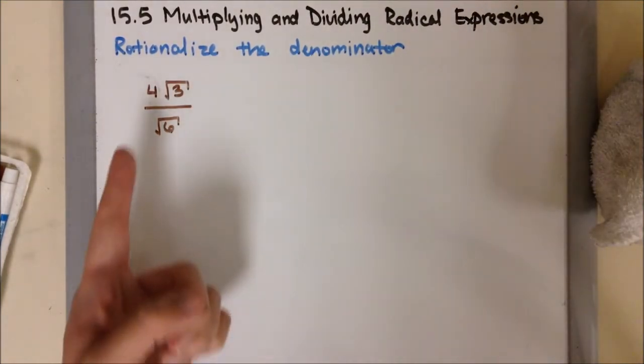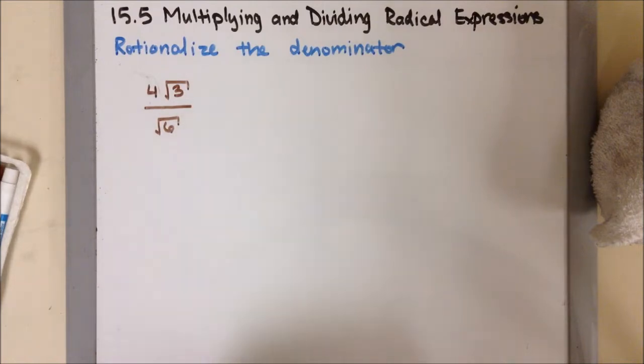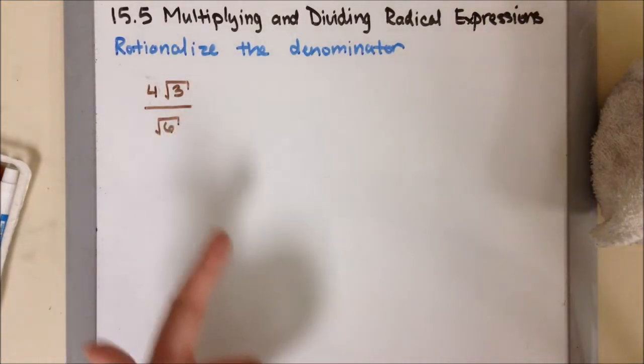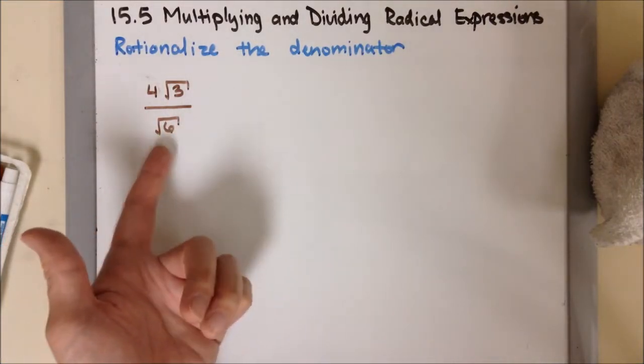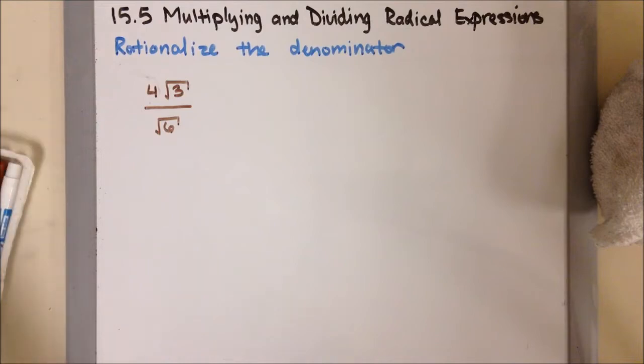In this example, we have 4 square root of 3 over the square root of 6. So we're going to rationalize the denominator. I'm going to multiply the numerator and denominator by the square root of 6.